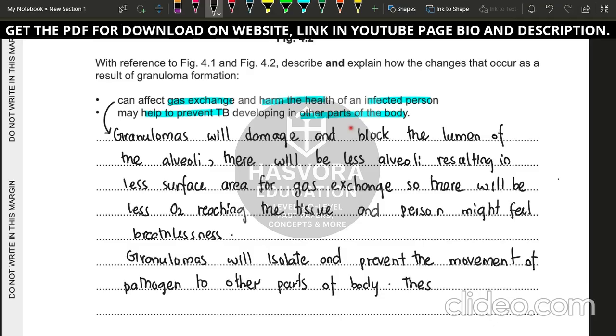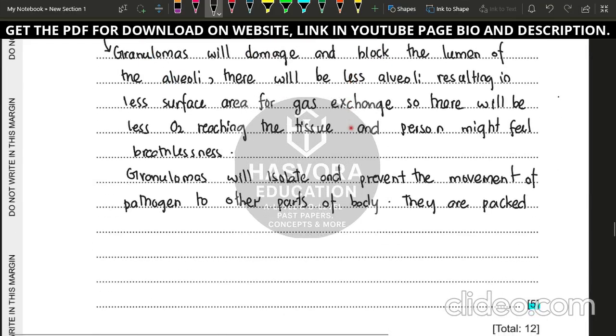They are packed, and you can say agglutinated, to be destroyed by the phagocytes. Okay, so first of all they will be isolated, they will be prevented to move further, and then they will be destroyed by the phagocytosis by the phagocytes.